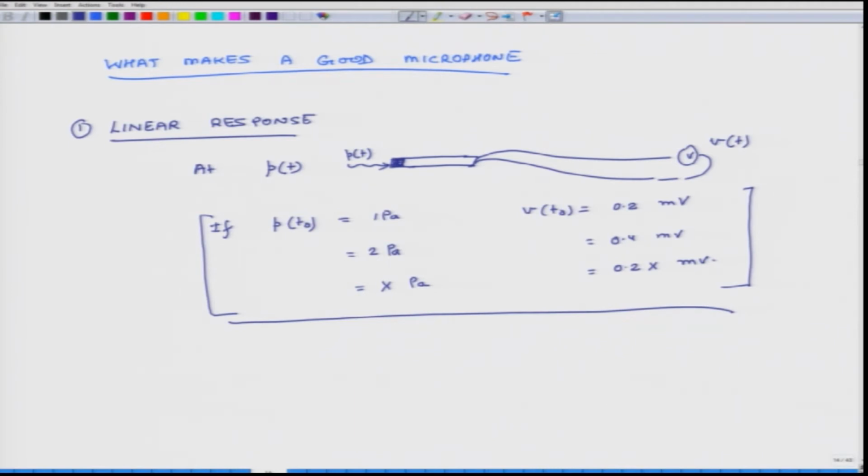So your calculations of pressure will not be correct. So you want the linearity to be very high, linear response. This is very important. The second thing you want from a good microphone is that it should have a flat response.